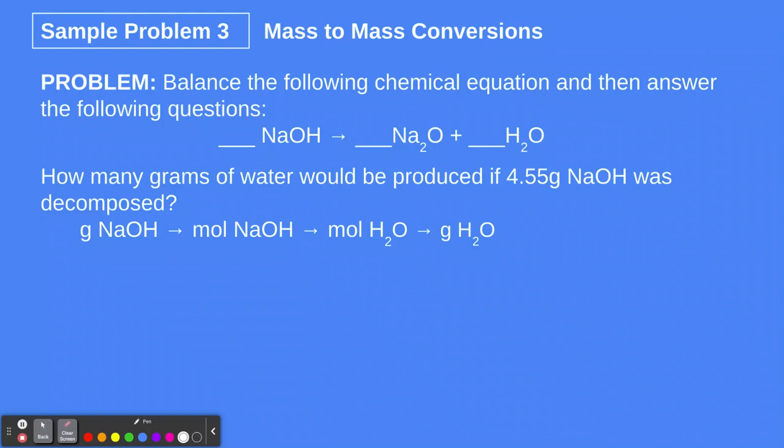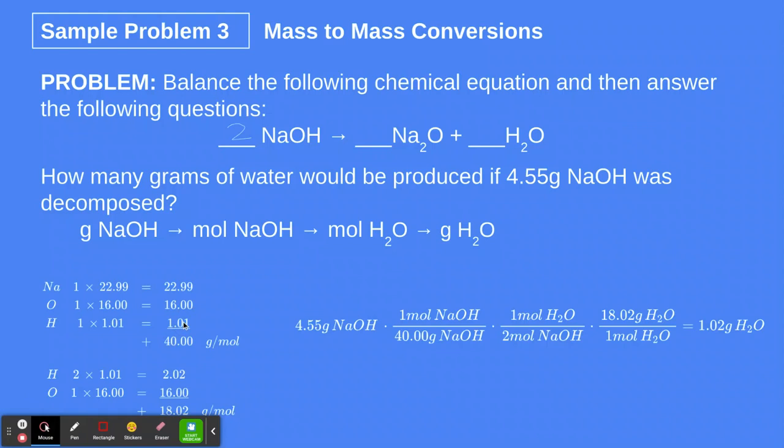Now, if we want to go ahead and balance this, I need a 2 in front of sodium hydroxide, and that's about it. This is what the solution looks like. We've got our molar mass calculations here on the left. We've got sodium hydroxide is 40.00 grams per mole, and water is 18.02. So we start here with grams of sodium hydroxide, and we are getting out of grams of sodium hydroxide into moles using our molar mass.